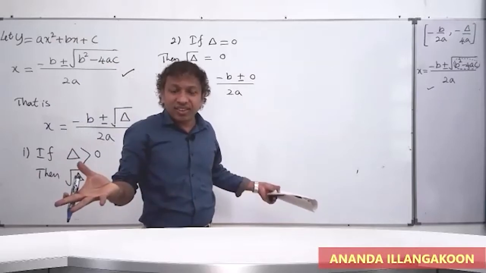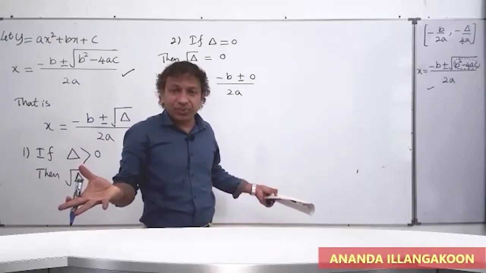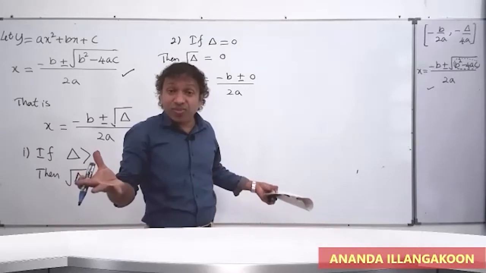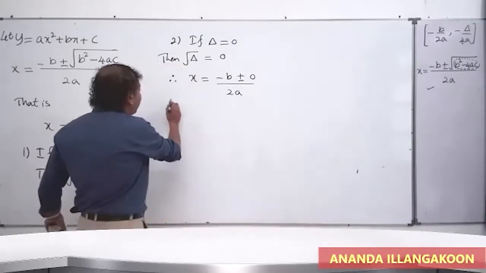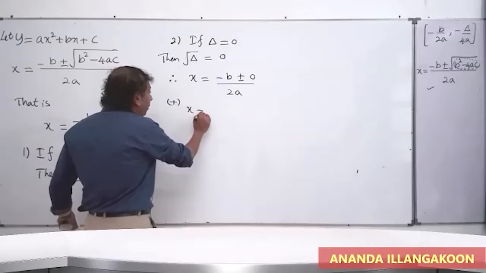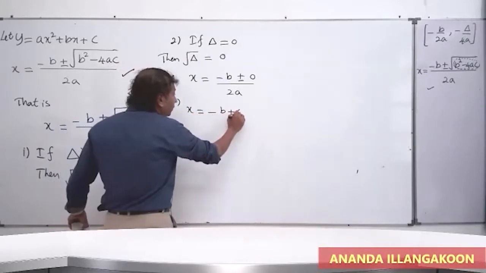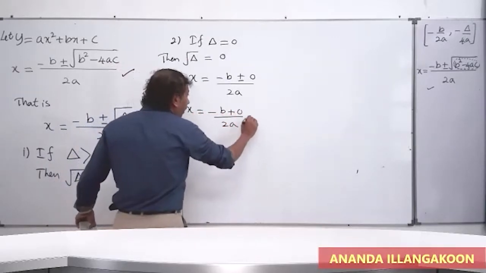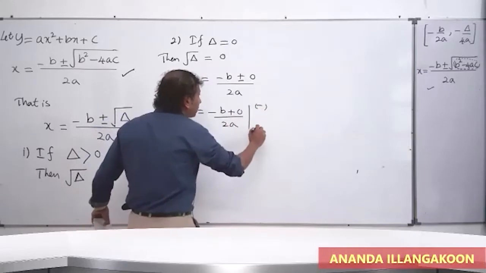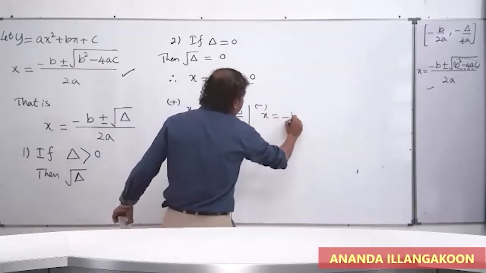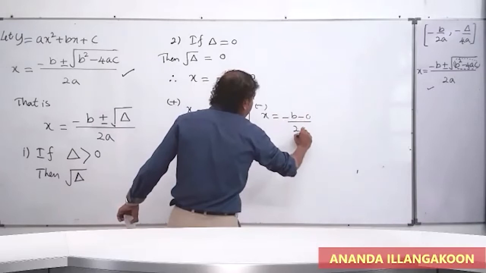There are two values for x, but they are now equal. That is the case of coincident roots. So we get the same value for x. With the plus sign, what do you get? Minus b plus 0 by 2a. The minus sign gives us x equals minus b minus 0 by 2a.